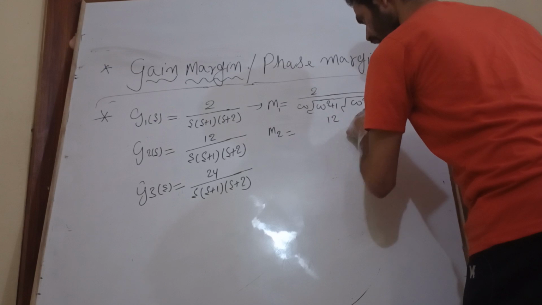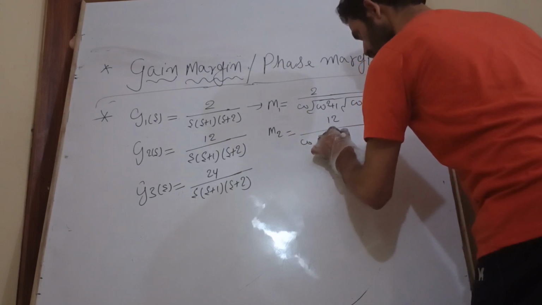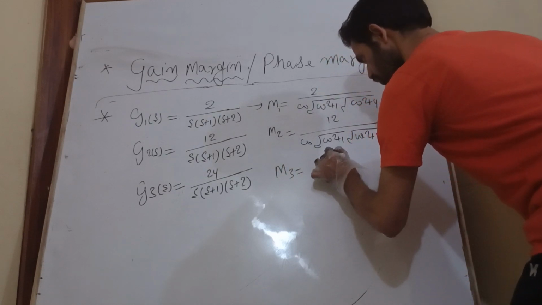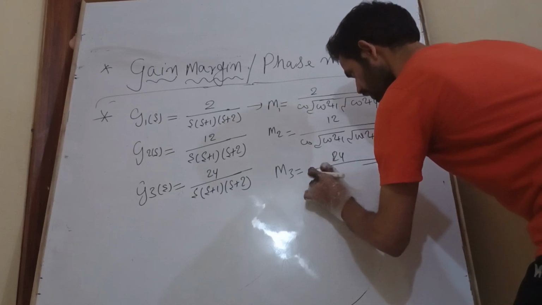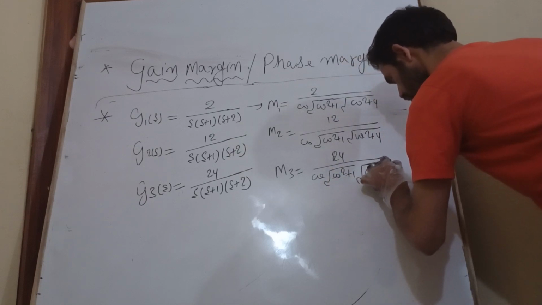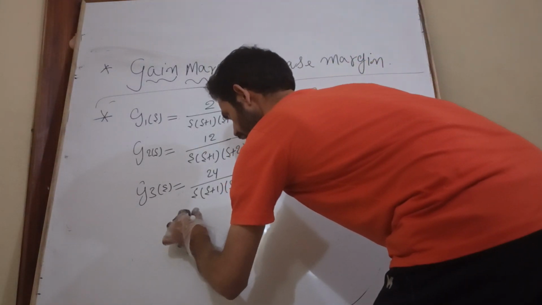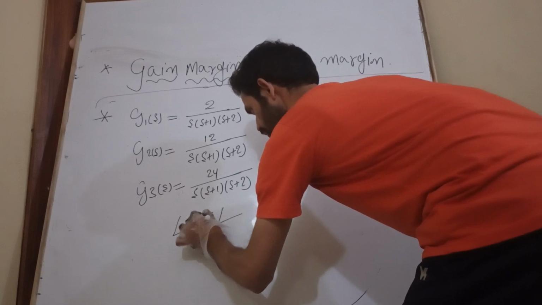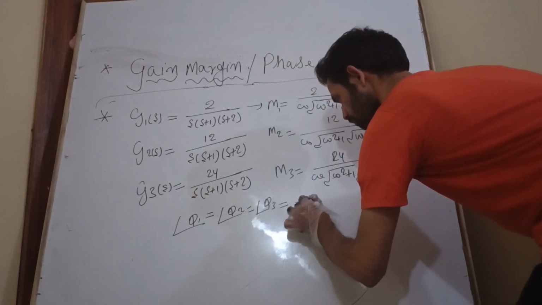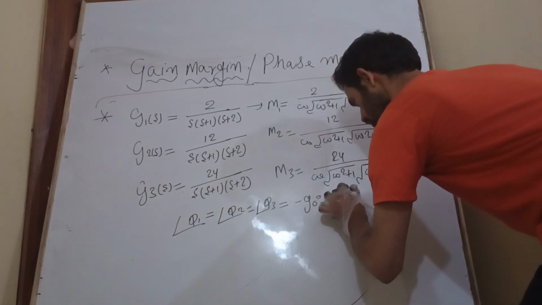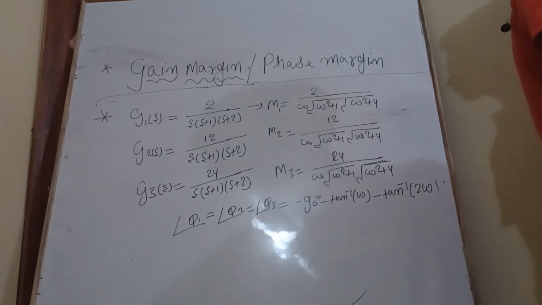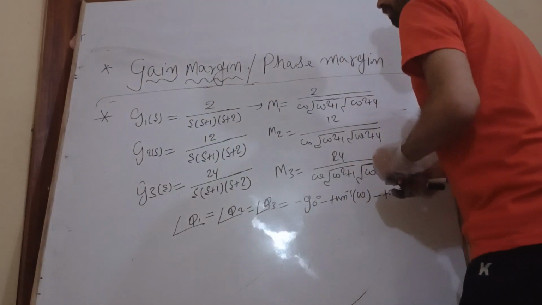M2 is 12 divided by omega into square root of omega square plus 1 into square root of omega square plus 4, and M3 is equal to 24 divided by omega into square root of omega square plus 1 into square root of omega square plus 4. And angle phi 1 is equal to angle phi 2 is equal to angle phi 3, which is minus 90 degree minus tan inverse omega minus tan inverse omega by 2.